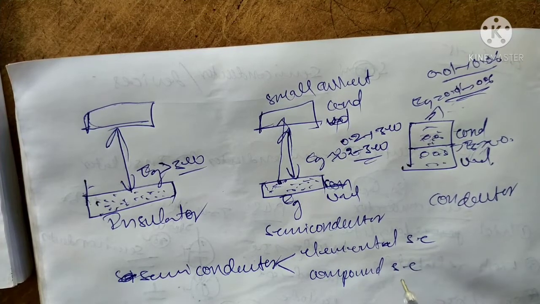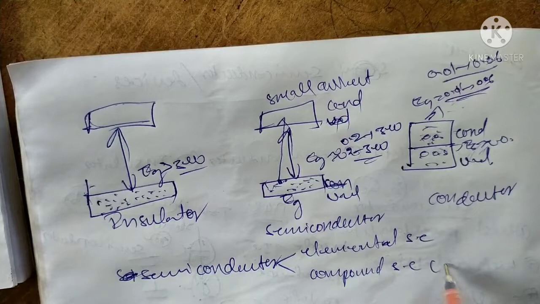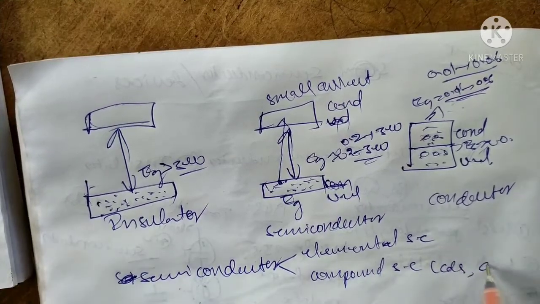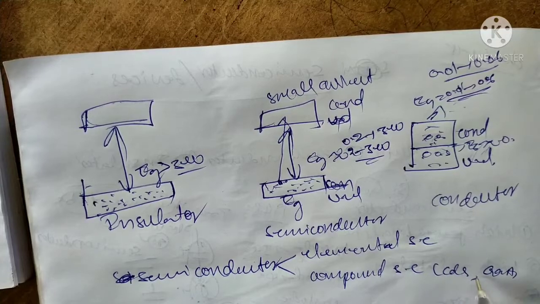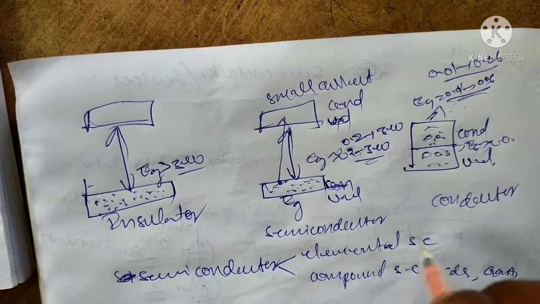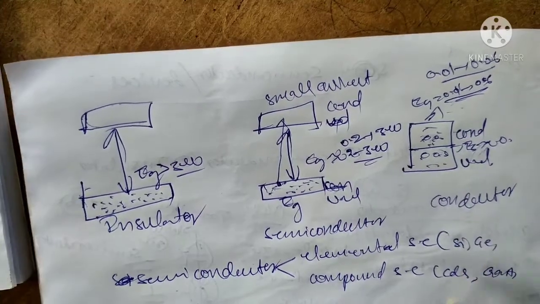Compound semiconductors can be inorganic semiconductors like cadmium sulfide, that is CdS, and gallium arsenide, etc. These are the compound semiconductors. Elemental semiconductors are silicon and germanium.